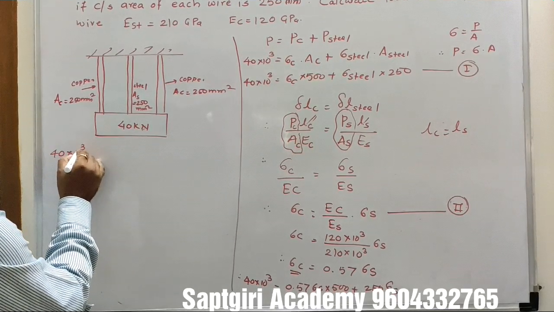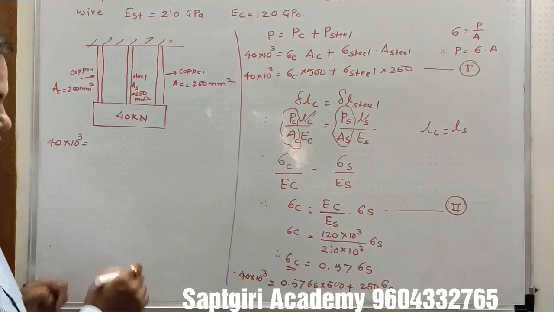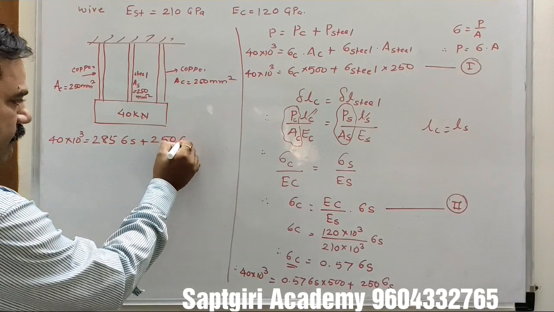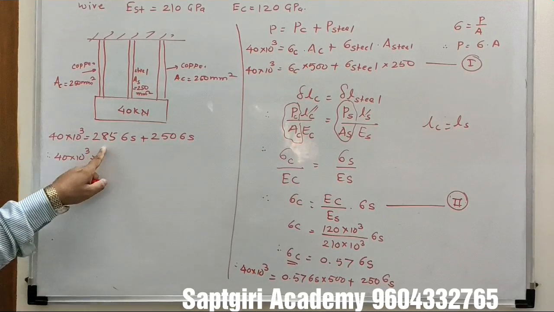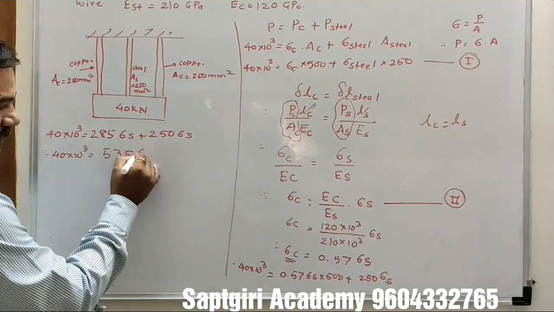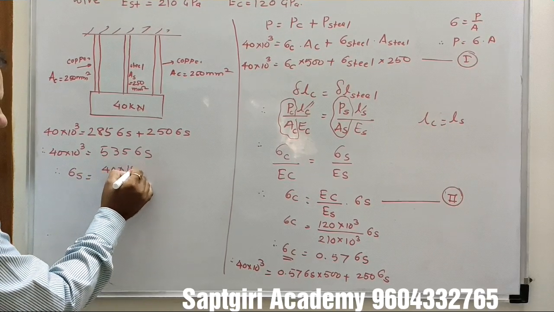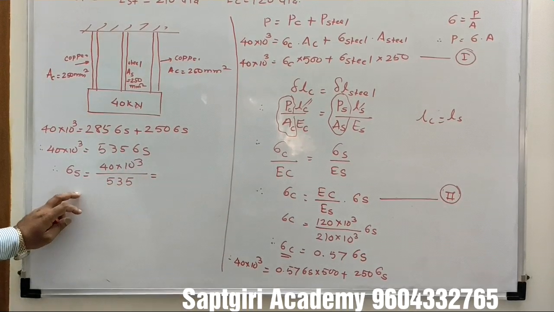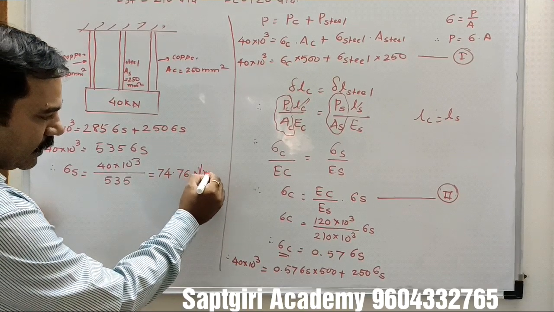By solving this, 40 into 10 raised to 3 is equal to 0.57 into 500, that is 285 sigma S, plus 250 sigma S. Therefore 40 into 10 raised to 3 equals 285 plus 250, that is 535 sigma S. So sigma S equals 40 into 10 raised to 3 upon 535, which is 74.76 Newton per mm square.